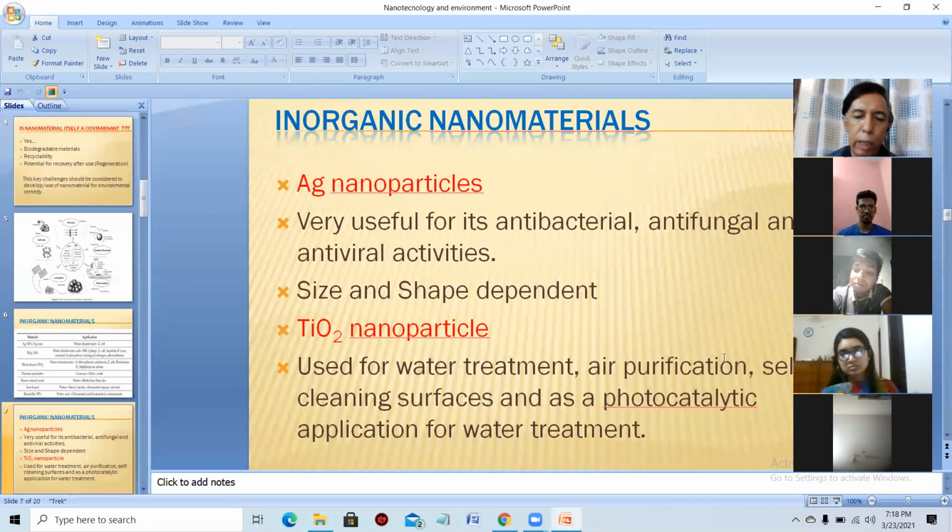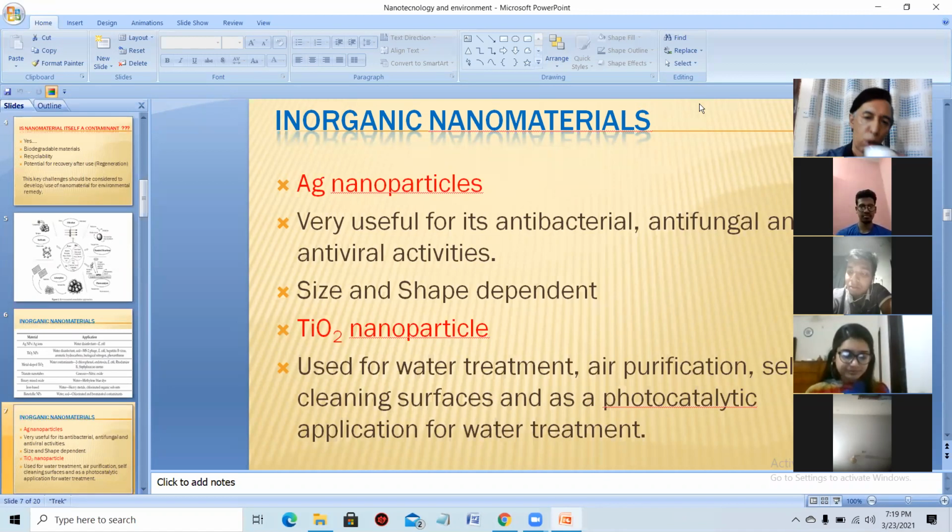Now, the action of silver nanoparticle is dependent on the size and shape. Actually, if the silver nanoparticle size is less than 10 nanometers, it is actually very much useful.